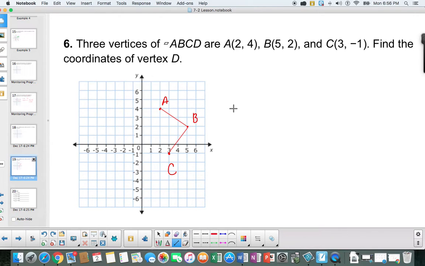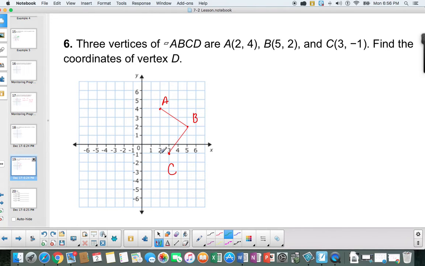All right, now to find D, I plotted 3 of the points, and remember what I want to do is make sure that the opposite sides are parallel. So over here from this point, I'm going to go 3 units to the left and 2 units up, and that's what I want to do over here.